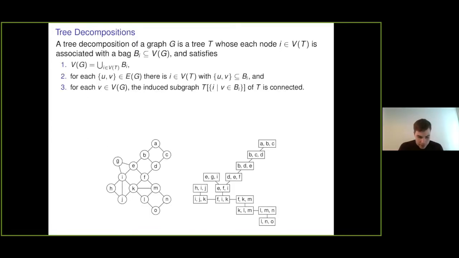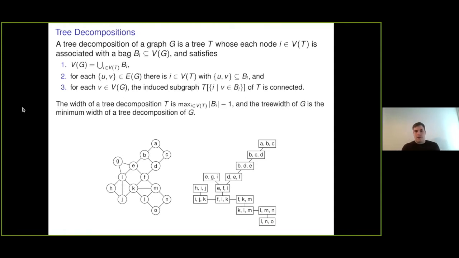Okay, so let's define tree decomposition. I think most people know this, but I'll just fix some definitions. A tree decomposition of a graph G is a tree T whose each node i is associated with a bag Bi, which is a subset of vertices of the graph, and this satisfies that the vertices of the graph are equal to the union of the bags, and for each edge there is some node of the tree decomposition such that the edge is a subset of the bag of the node, and then for each vertex of the graph the induced subtree of the nodes whose bag contains the vertex is connected.